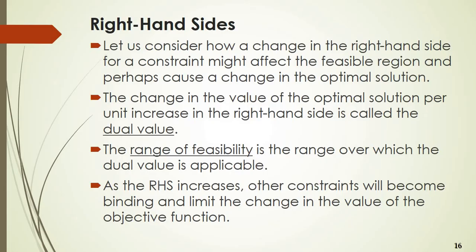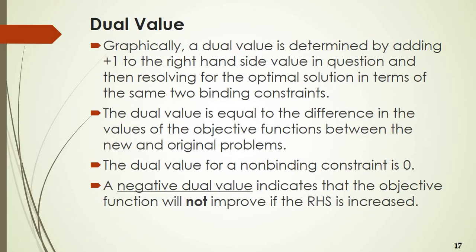Later on, we will also discuss what a dual value is. The range of feasibility is the range over which the dual value is applicable. As the right-hand side increases, other constraints will become binding and limit the change in the value of the objective function.